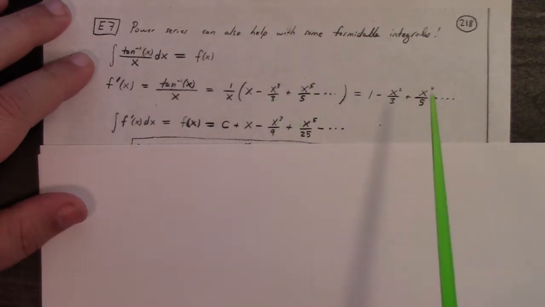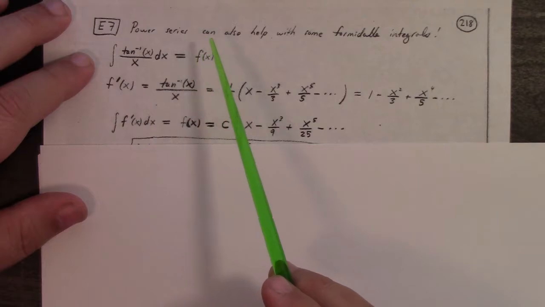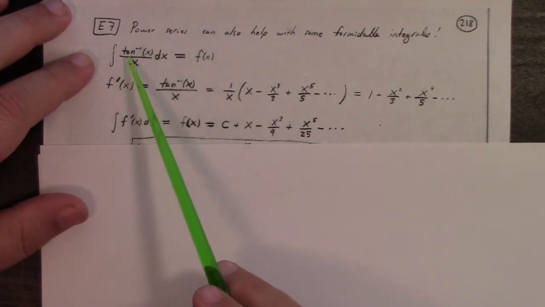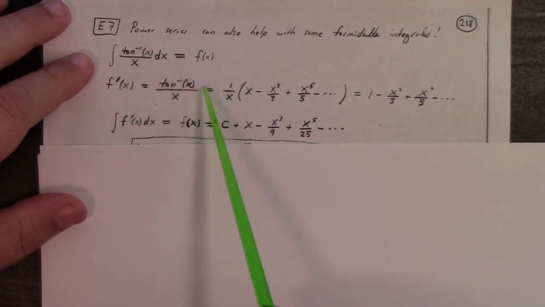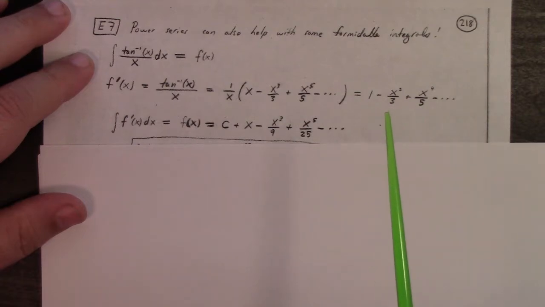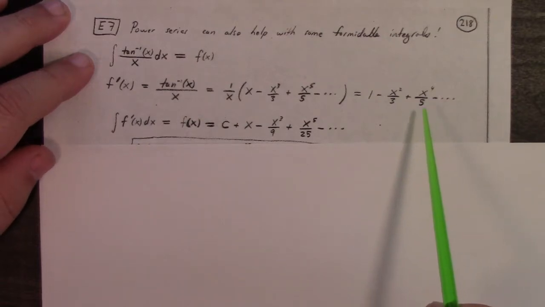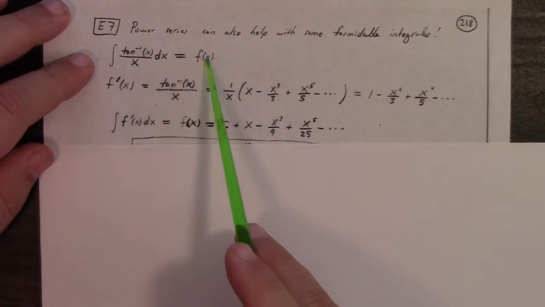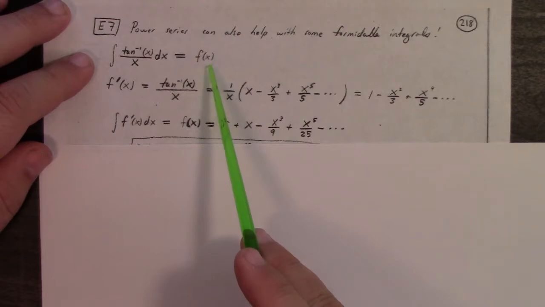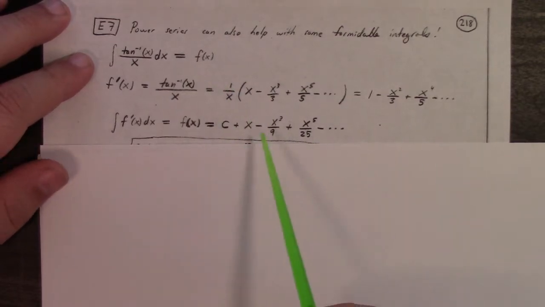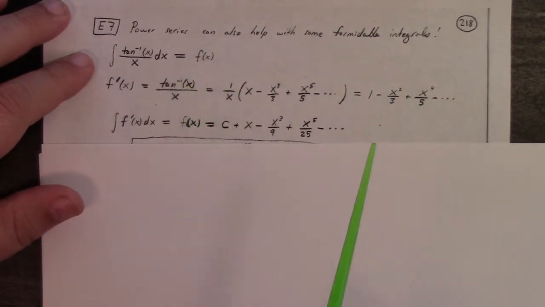So that's the derivative, right? The derivative of the integral is just the integrand, all right? And then, okay, great. Then to get back to f of x, of course, we integrate term by term.